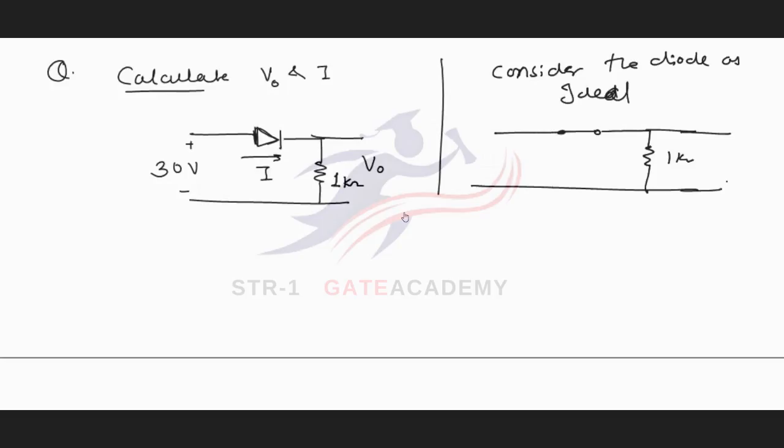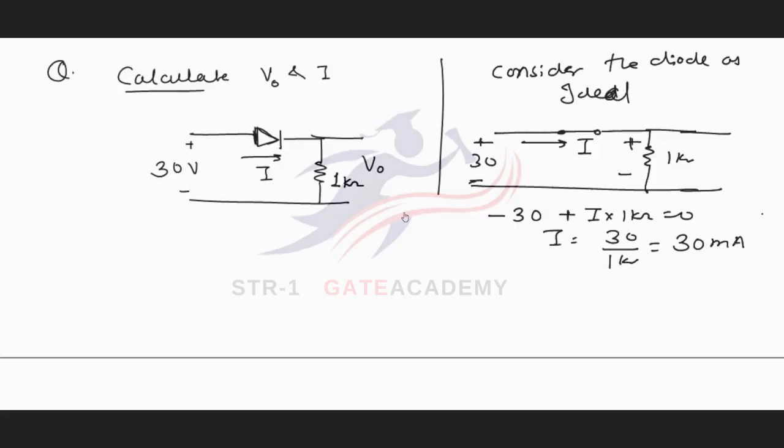I can calculate the current through the diode by applying KVL: minus 30 plus I into 1 kilo ohm equals 0. So I equals 30 over 1 kilo ohm, which is 30 milliamperes. Across these two terminals plus 30 volt is applied, and the whole 30 volt goes across the output terminals. So the output voltage V0 will be equal to 30 volts.